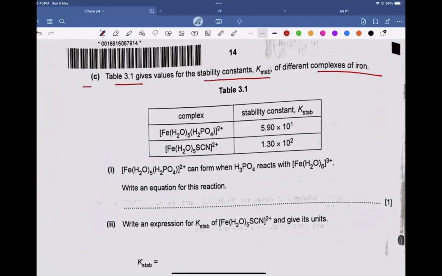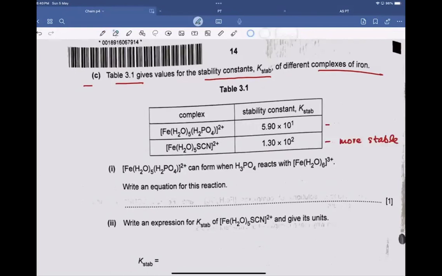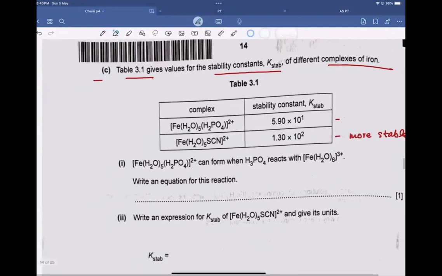So if you see, this one has a 5.90 exponent 1 and exponent 2. So it means between these, this is more stable, right? Because its K stability value is higher. And these K stability values are relative to the hexaaqua complex. Okay. So part 1 can form when phosphoric acid reacts with this. Write an equation for this reaction.